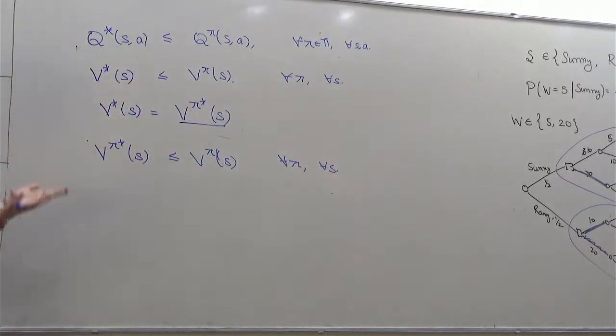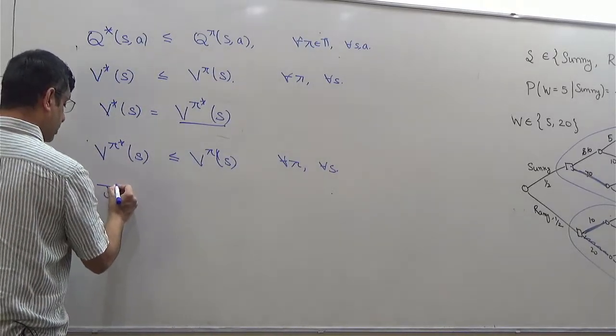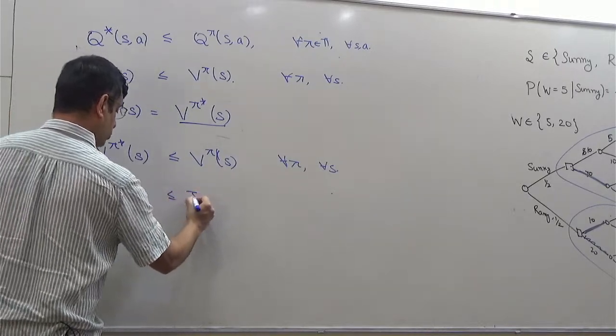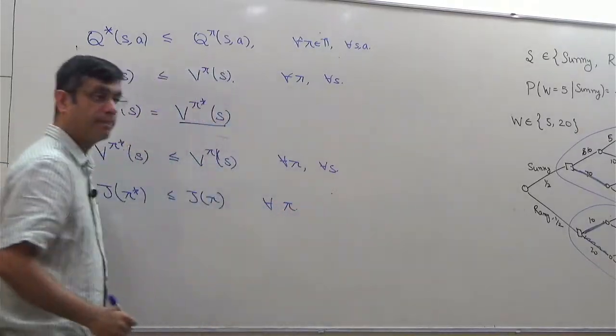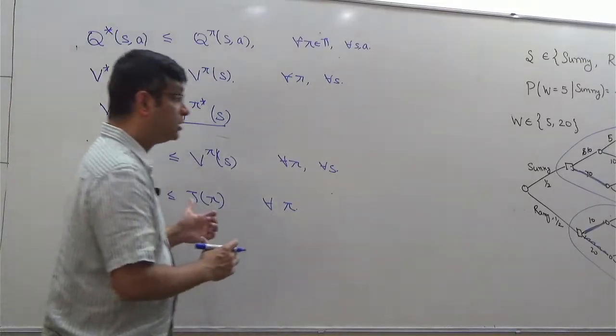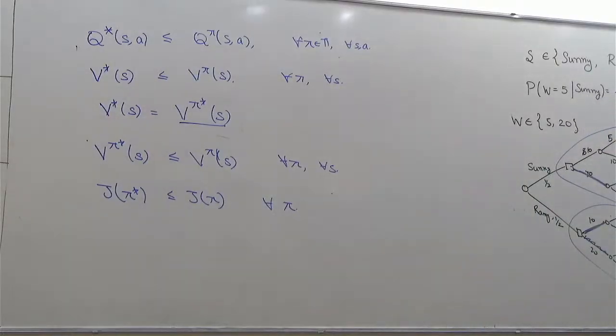So if I take the expectation over the distribution of S, I'll get that J pi star is less than or equal to J pi for all pi. Therefore, pi star is an optimal policy. Okay? So this is somewhat trivial in this case, but once we understand this, when we go to multi-step problems, it's going to be the same solution. Any questions on this?